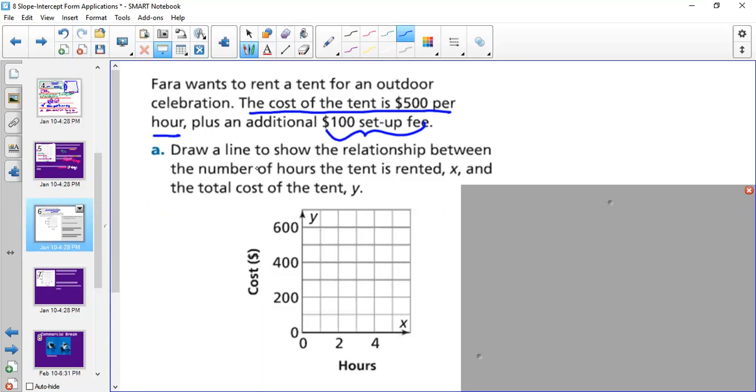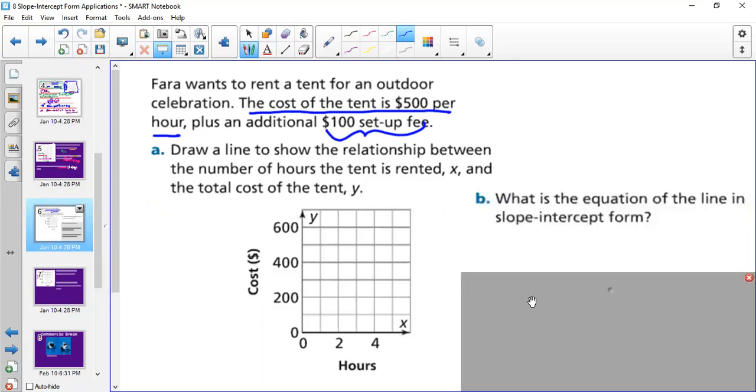Okay, I'm going to skip A for right now, and I'm going to go to B first. And it says to write the equation of the line in slope-intercept form. A lot of times I like to have the equation before I graph it, so that's why I skipped A. Okay, so I know slope-intercept form is y equals mx plus b. Remember, slope is the rate.